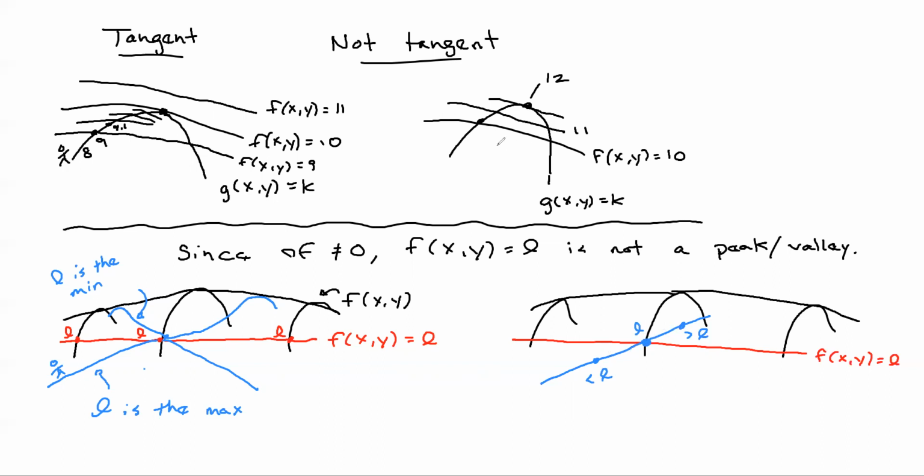So if you just pass right through, like if you're secant, then you're still climbing. That can't be the maximum. The maximum can be where the 2 curves are tangent, but the maximum cannot be where the 2 curves just intersect. Now, to tie it into this earlier example, if you stopped and then turned back, the level curve that went through there, that could be where the maximum was. So if you drew a second level curve here at f of xy equals m, that one could have been the maximum.